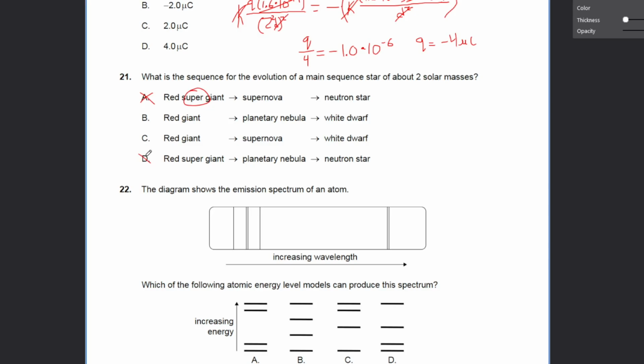And that also means that D can't be right. We need much more mass. For C, well, a supernova isn't going to produce a white dwarf. It's going to produce a neutron star or even a black hole if there was a lot of mass. So it's not C. That means the answer is B. This makes sense.